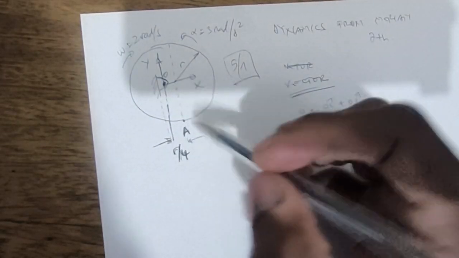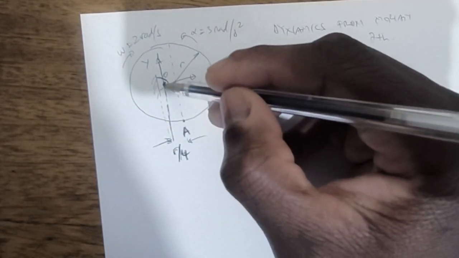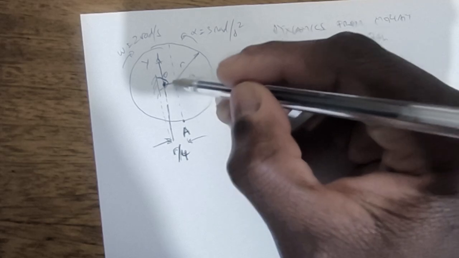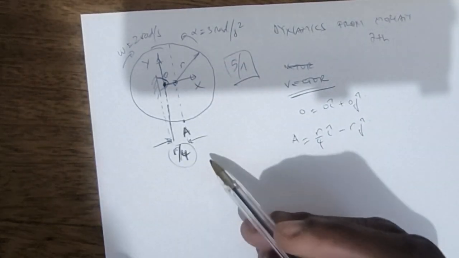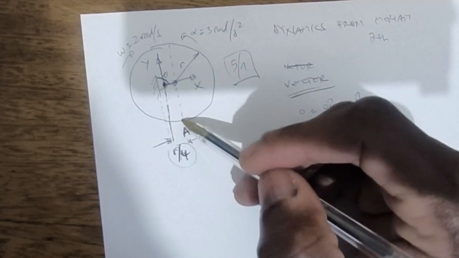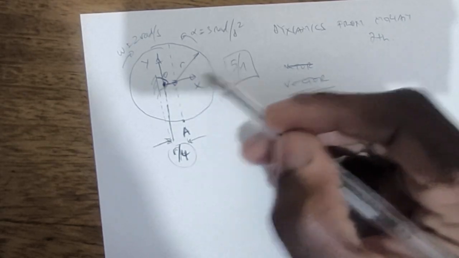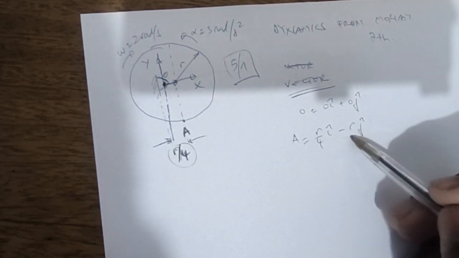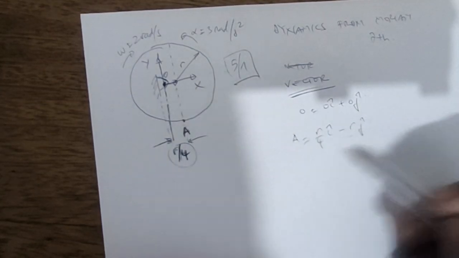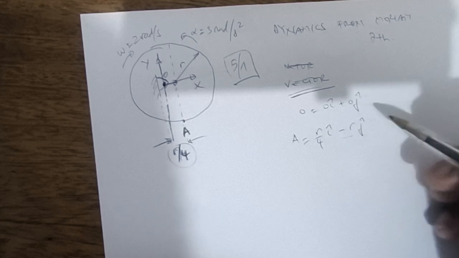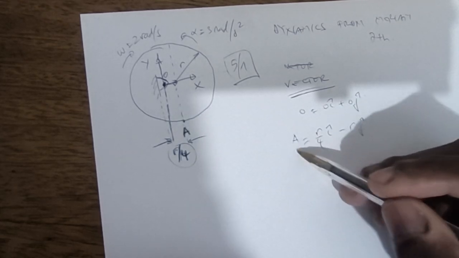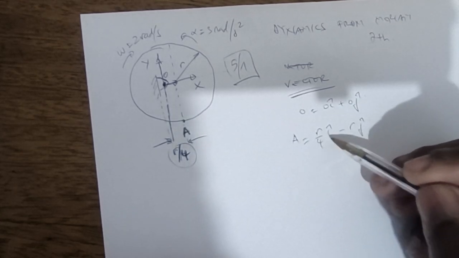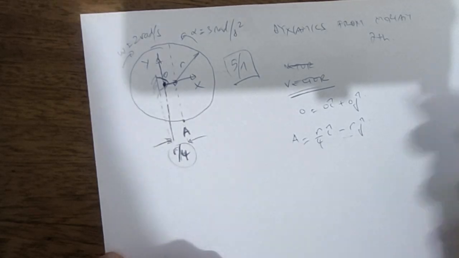You can see it from the vectors: from here to here we have R quarter, and from this horizontal line to the point A we have the distance minus R. So that's why the coordinates of the point A are R quarter i minus R j.